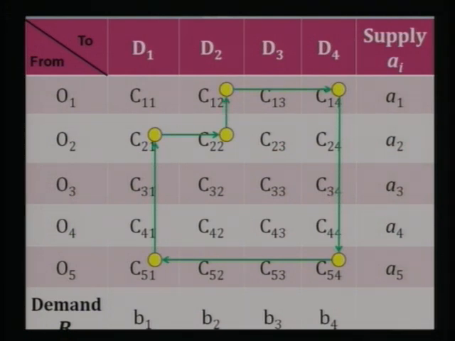Such a closed path is called a loop. Now this satisfies our definition. What was our definition? Our definition is a set of at least 4 cells. Here you can see there are 6 yellow circles. That means 6 cells are chosen, and this set of 6 cells has this property that every row and every column in the transportation table either contains 2 cells or no yellow circle.